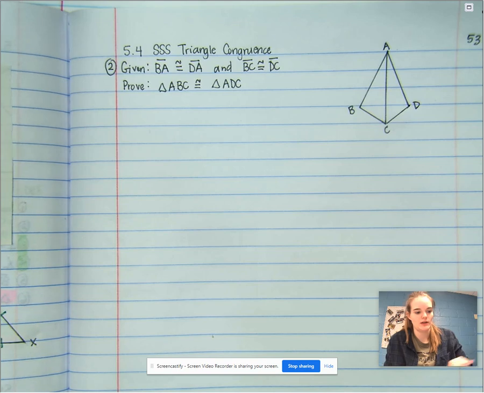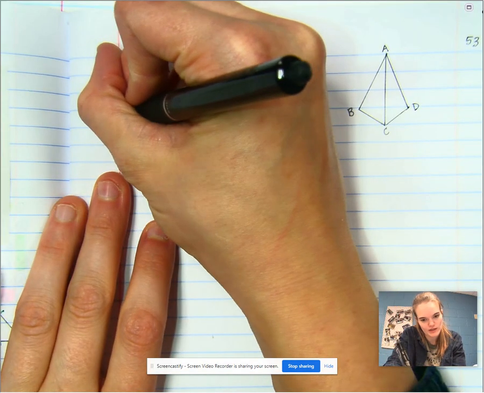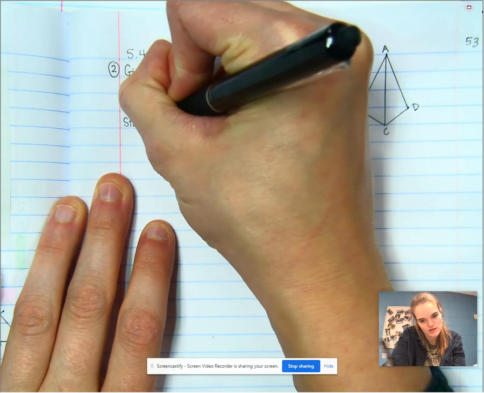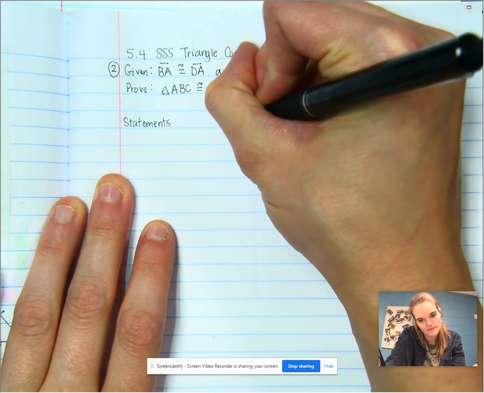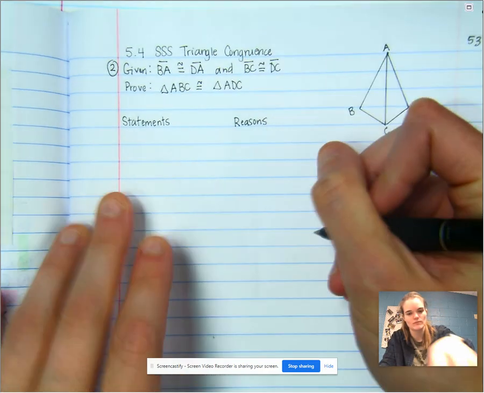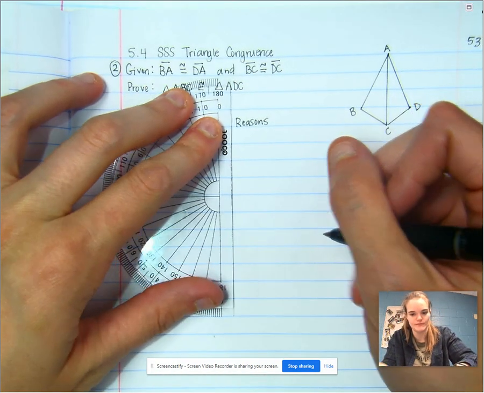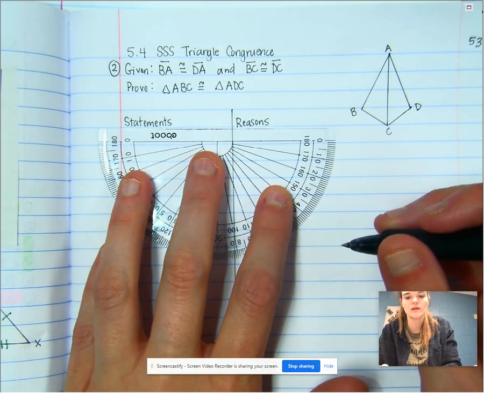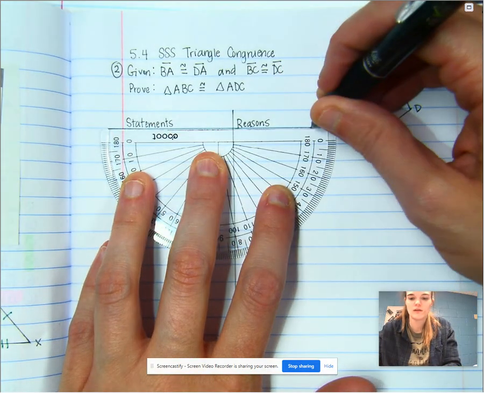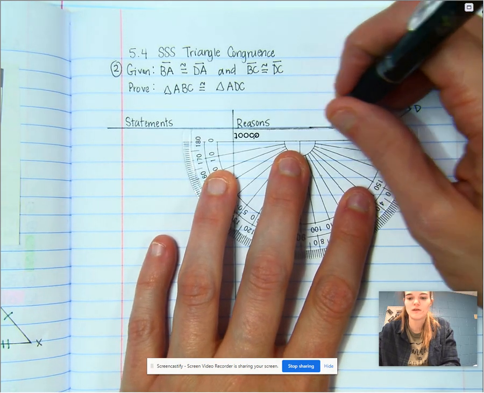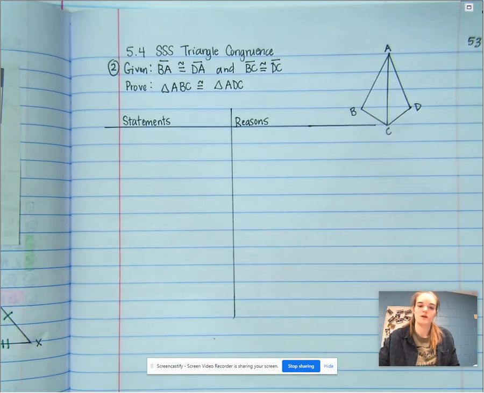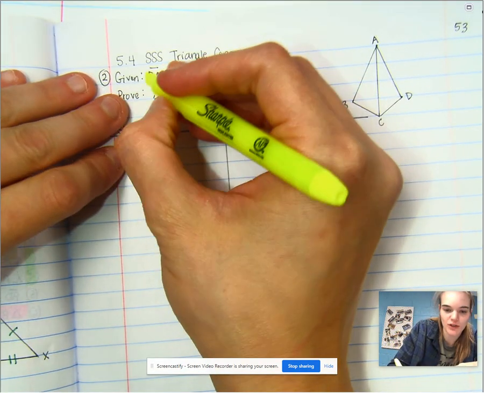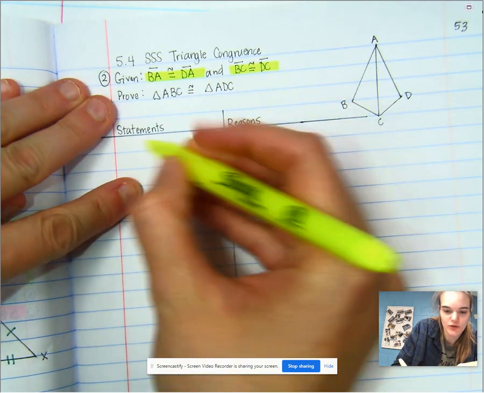Okay, statements and reasons. Again, I have no idea how much space I'll need. We'll erase what we don't need. Okay. Just like always, this is never going to change. Like I said, sometimes your book won't put the givens first. It all depends. I've got 2 givens.